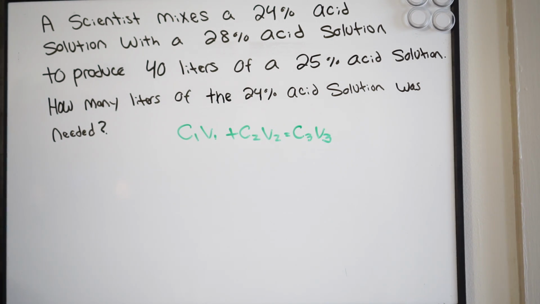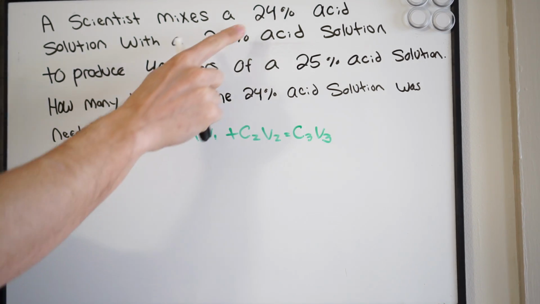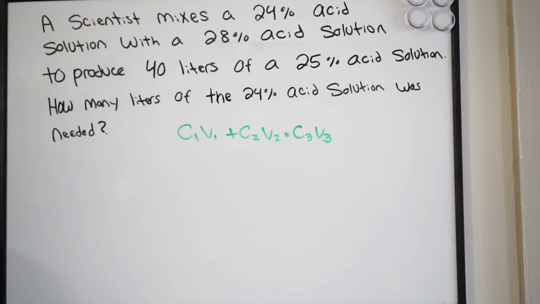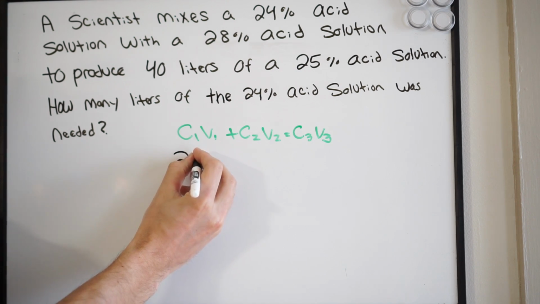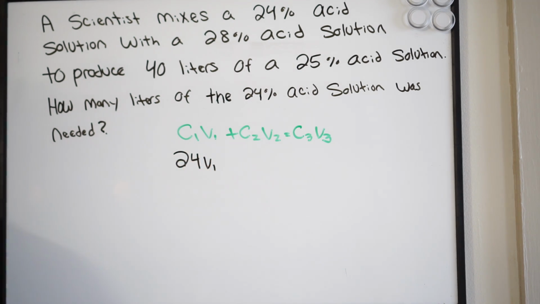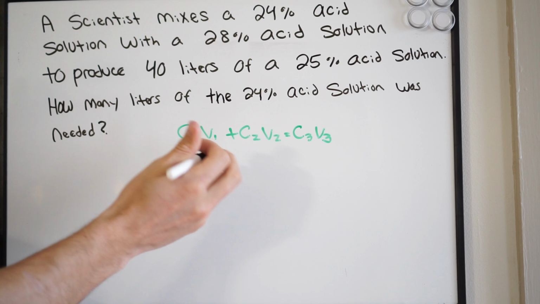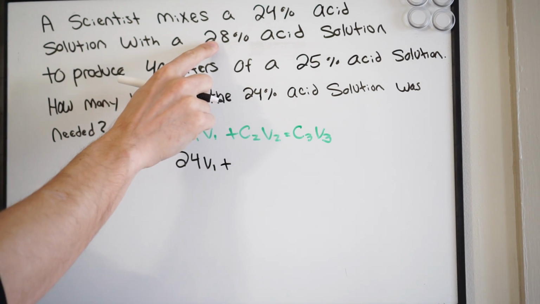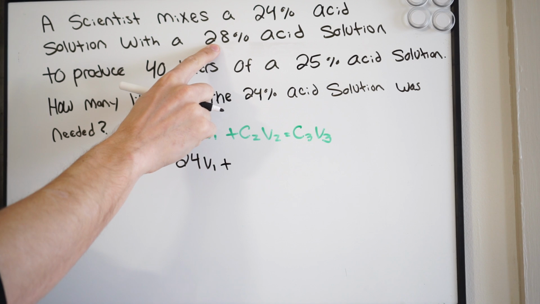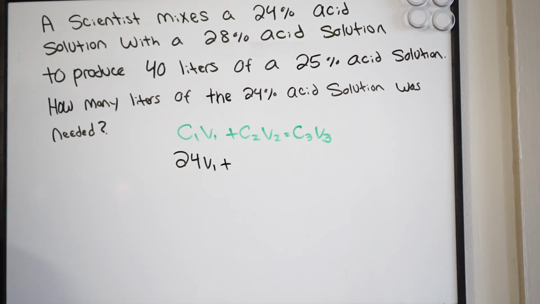Okay, so let's rewrite this. Well, what is going to be the concentration of 1? Well, it's going to be 24%. Do we know the volume of 1? No, we don't. So we're just going to leave it as V1. So we're going to write this as 24 V1. Okay, moving on, plus, do we know the concentration of 2? Yes, it says 28. So we're going to write 28. Now, do we know the volume of 2? No, we don't.